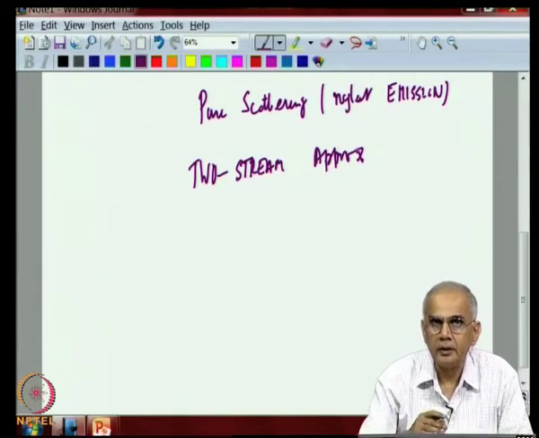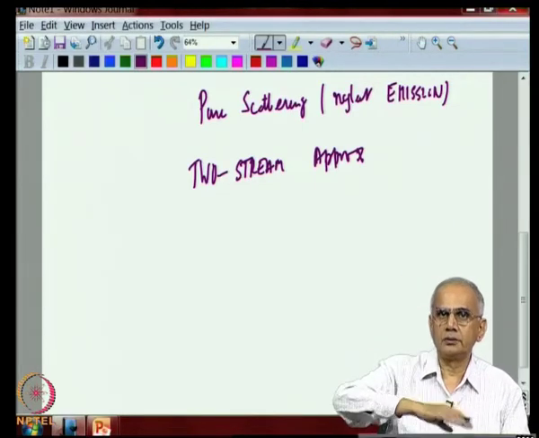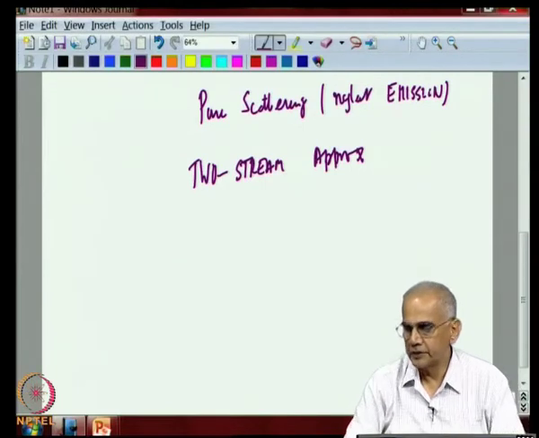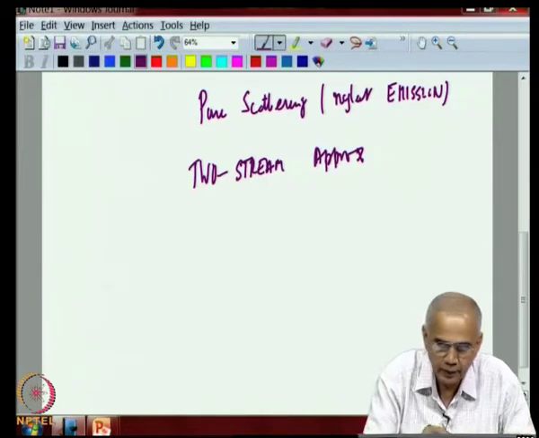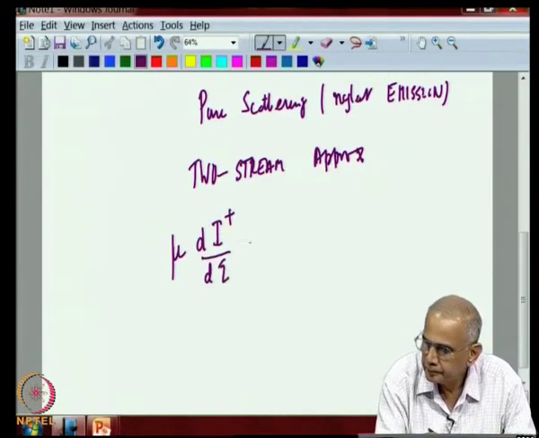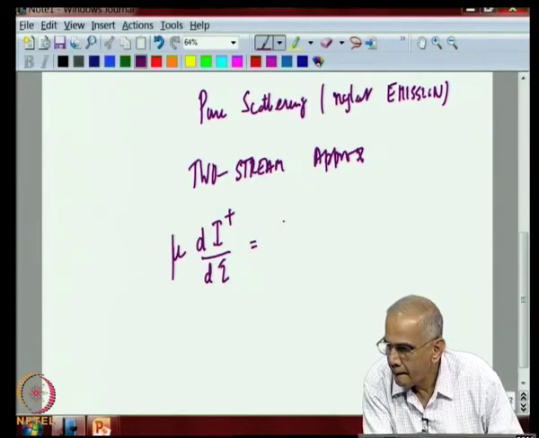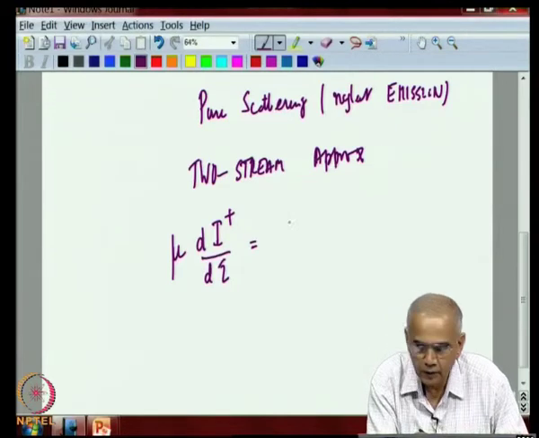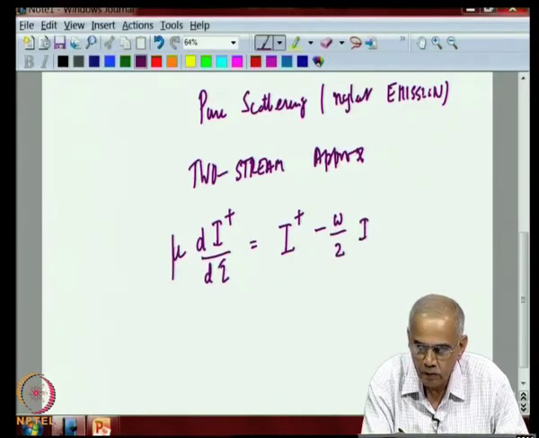two stream approximation, wherein we divided the radiative rays into rays moving upwards and downwards, to hemispheres essentially, and we saw that the equation can be written as mu dI plus, for the upward going rays, and on the other side you have I plus, and you have the single scattering albedo coming in here.